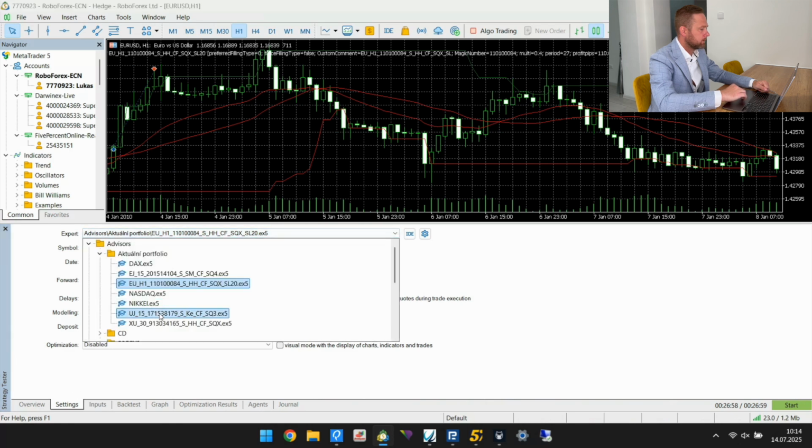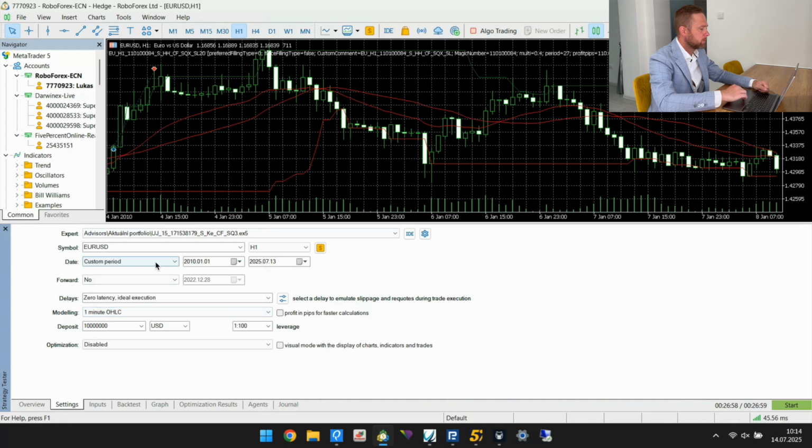Next, I'll move on to the forex pair Dollar yen. Time frame M15. Data from 2010 to the present.